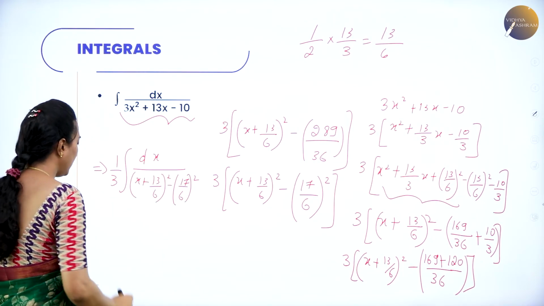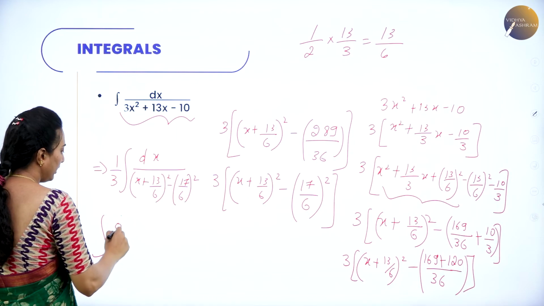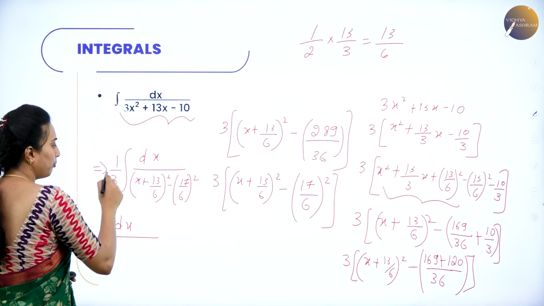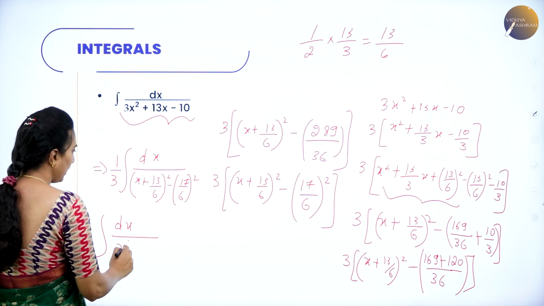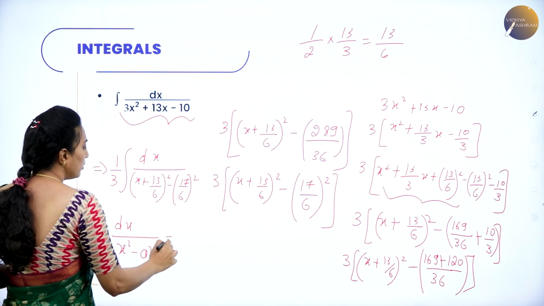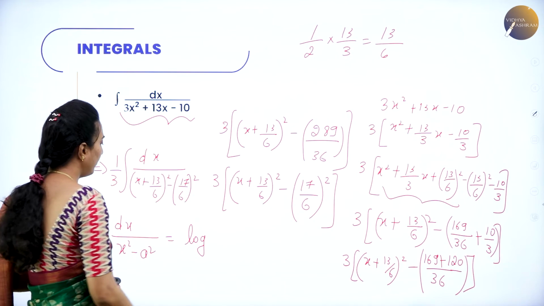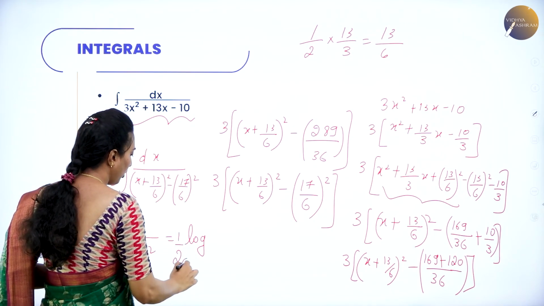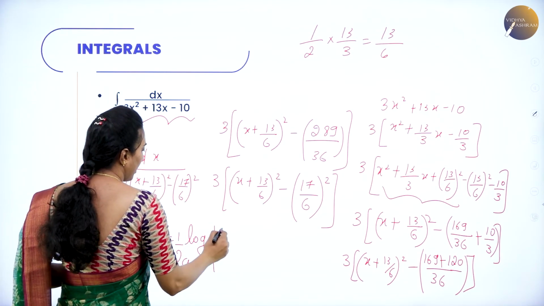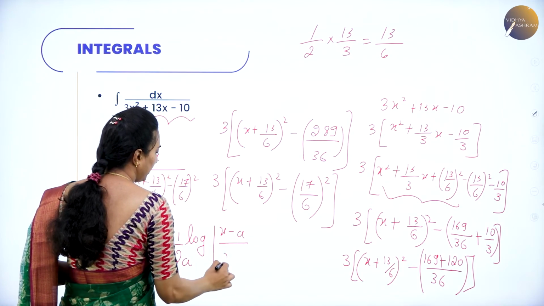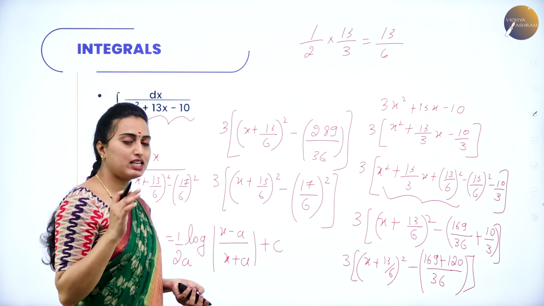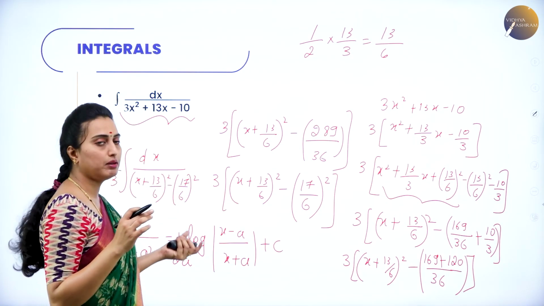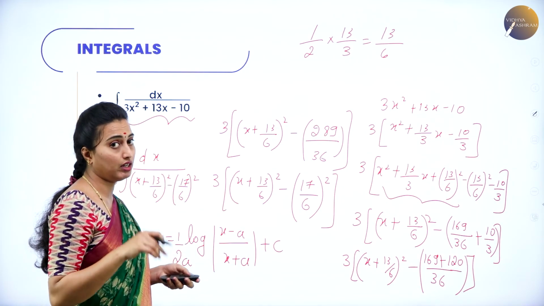Now this looks like the formula: integral of dx divided by, don't worry about the constant, the constant will be outside the integral, x squared minus a squared, equals 1 by 2a into log of modulus of (x minus a) divided by (x plus a) plus c. So here x is replaced by x plus 13 by 6 and a is replaced by 17 by 6.